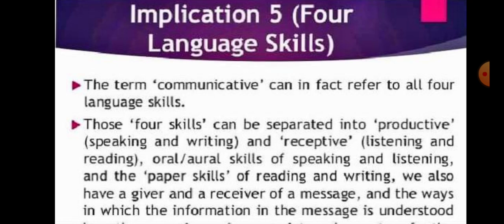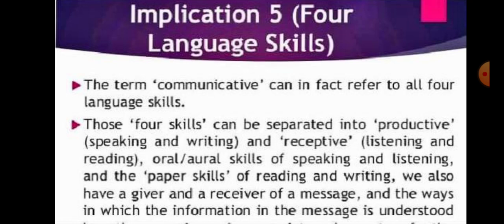We also have a giver and a receiver of a message, and the ways in which the information in the message is understood. It means that in implication 5, the four language skills should be developed.